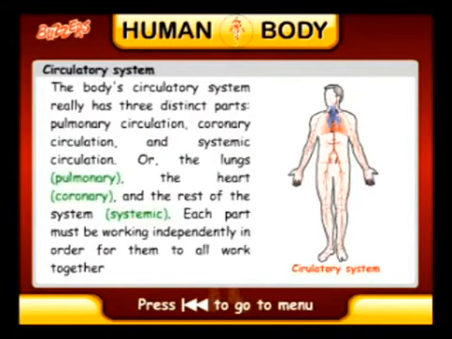The body's circulatory system really has 3 distinct parts: pulmonary circulation, coronary circulation, and systemic circulation. Or the lungs, pulmonary, the heart, coronary, and the rest of the system, systemic. Each part must be working independently in order for them to all work together.